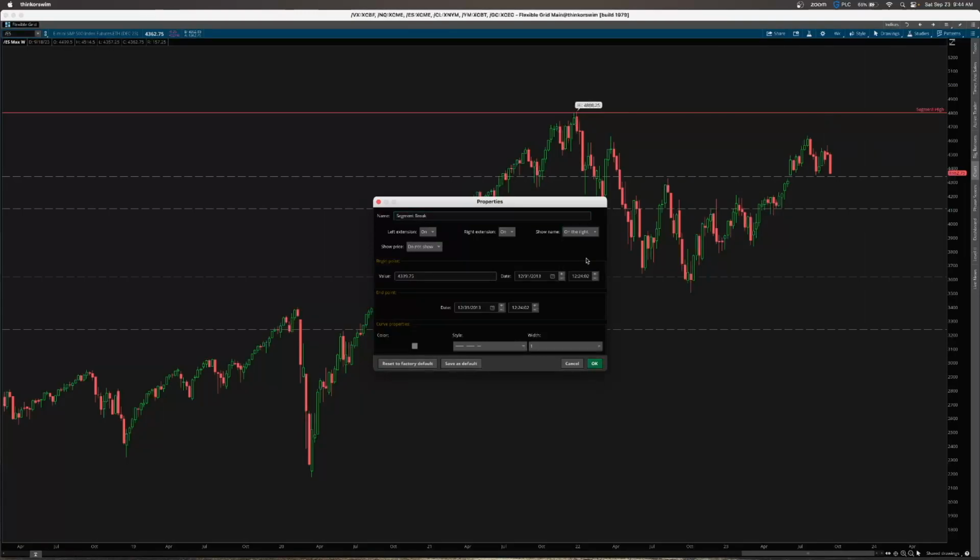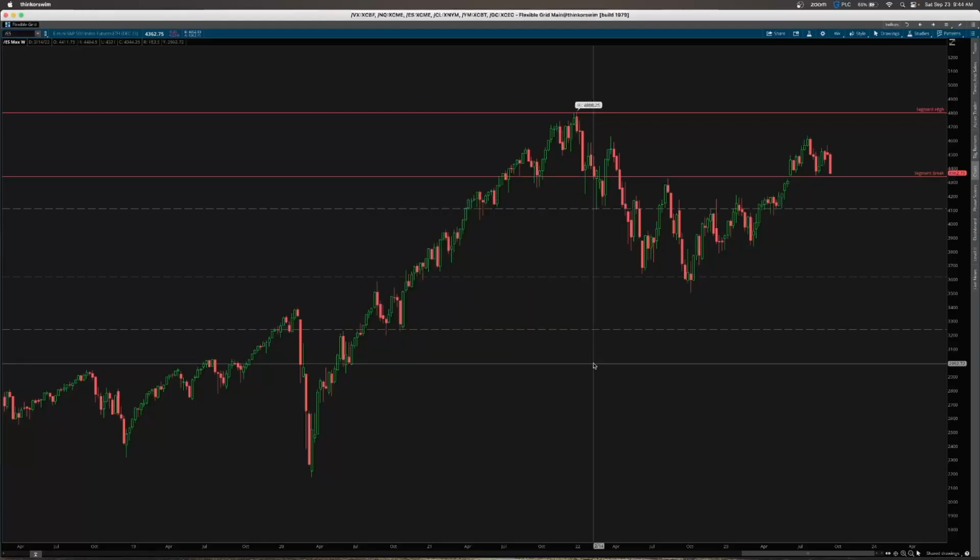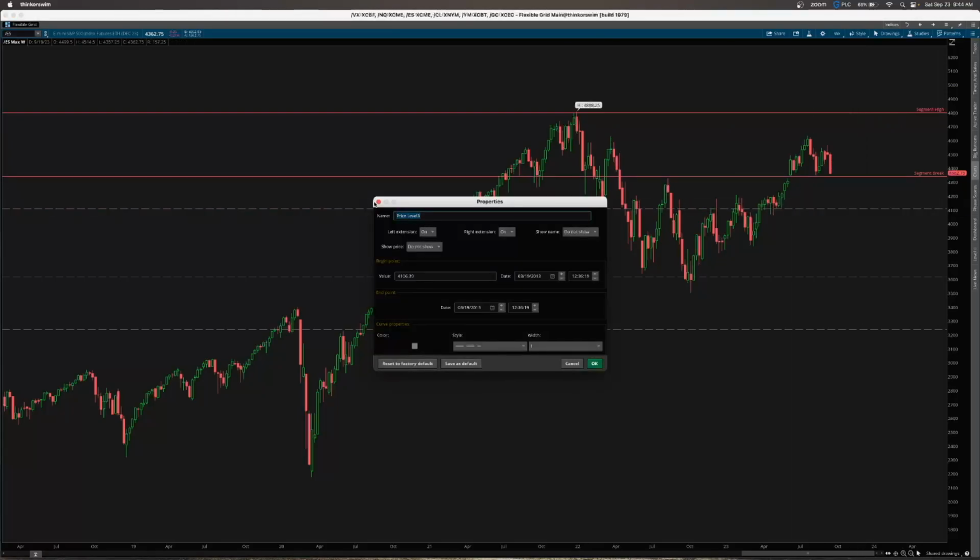And the purpose of this is just to give myself some differentiation and make it so that I can look at the chart very quickly and make decisions based around the strength of what I've identified.